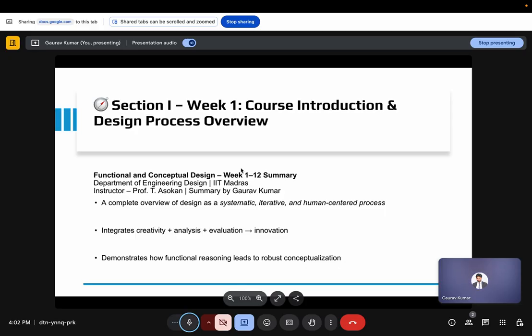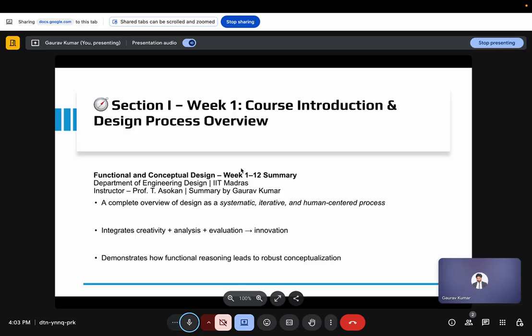Coming to section 1, week 1: course introduction and design process overview. The course of Functional and Conceptual Design frames engineering design as a rigorous, systematic, and human-centered discipline rather than treating design as an ad hoc adjunct to analysis or manufacturing.